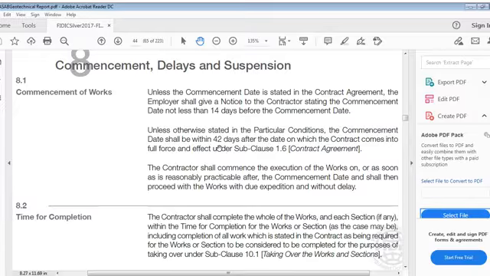Don't forget, there is only one goal between employer and contractor, and that goal is that we have to finish this project in time.